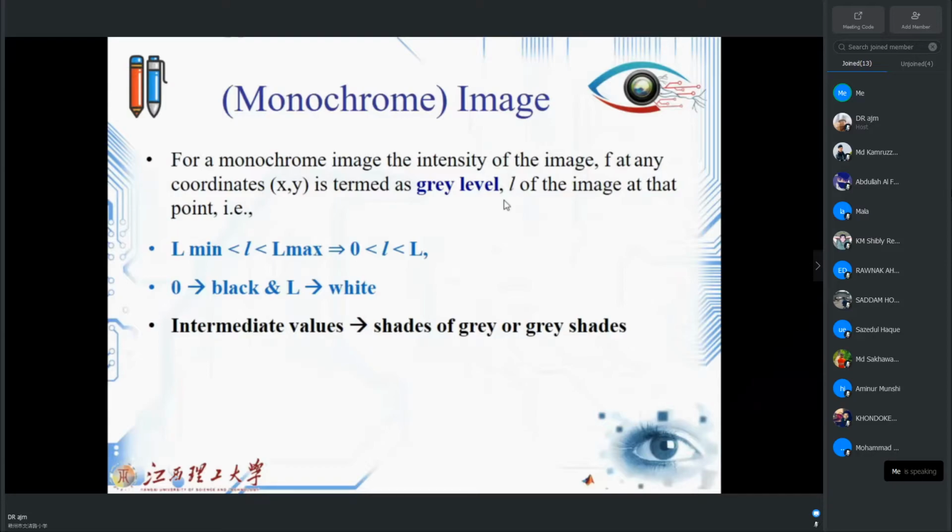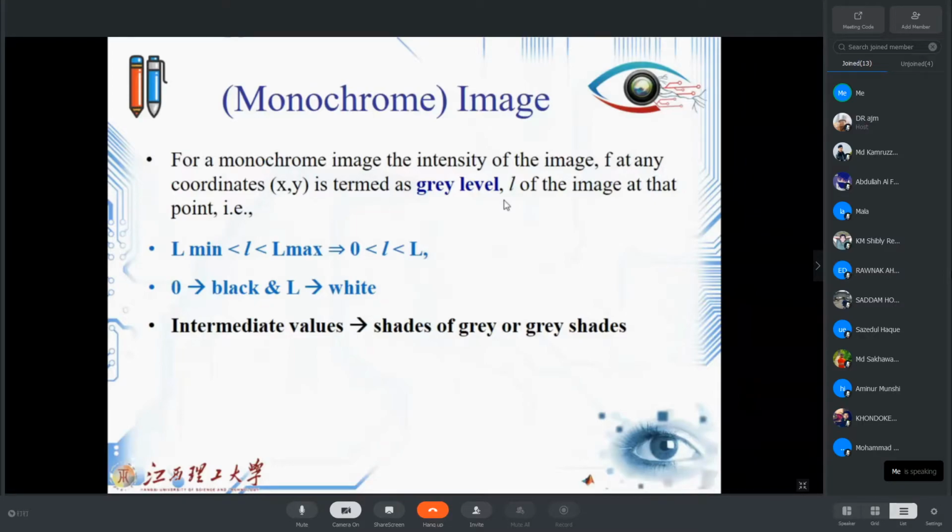And L of the image at that point lies between some minimum and maximum number, between 0 and the maximum value of L. What I mean is that if you think of the gray model or monochrome color for the image, L can be at the minimum side 0, and at the maximum side it can be L. Then for the gray color, the minimum value can be black and the maximum value can be white.